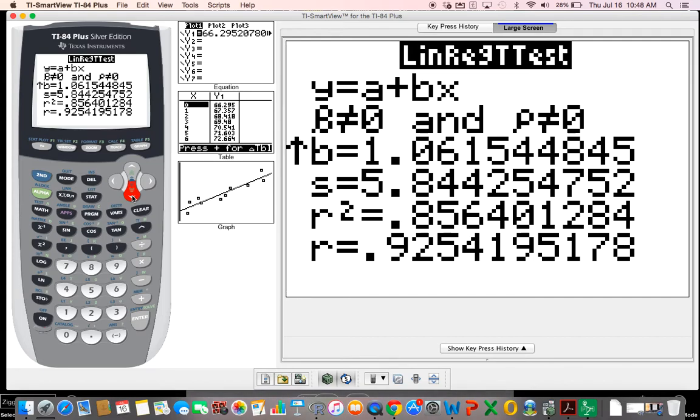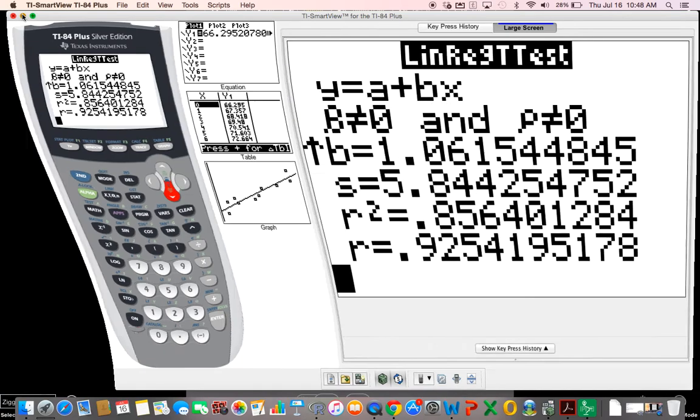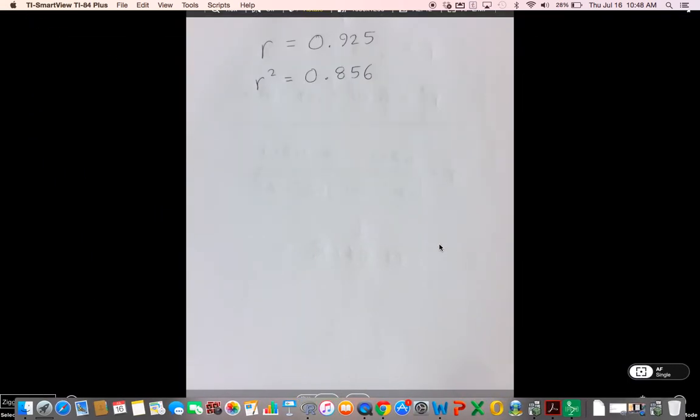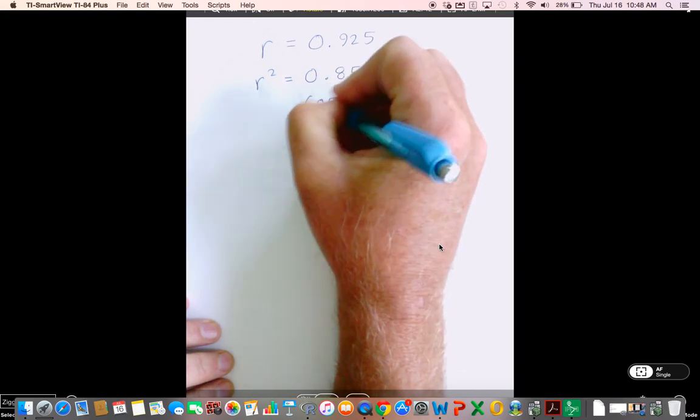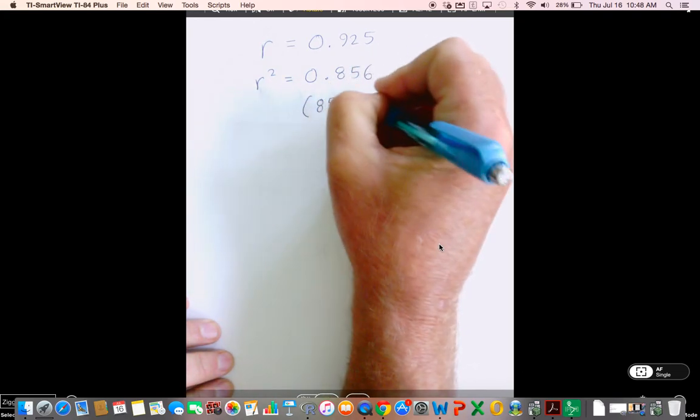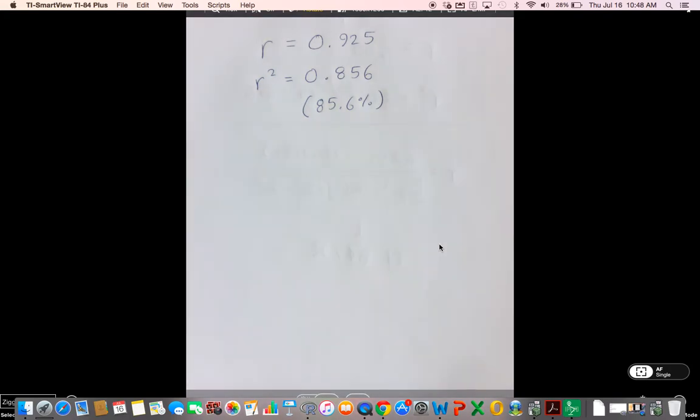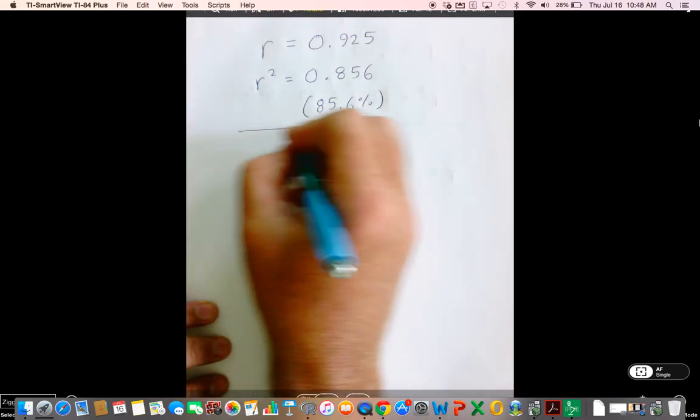So with your calculator, you don't have to use that big old fancy formula. Your calculator gives you this. Now, typically R squared is presented as a percentage, so the R squared would be 85.6%. Now, what do these values tell you?